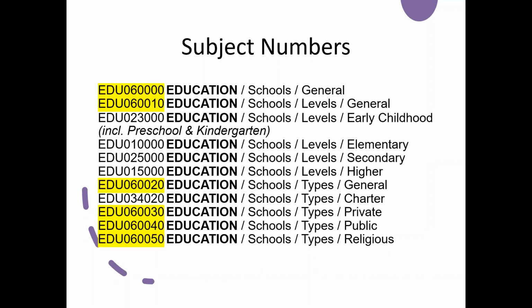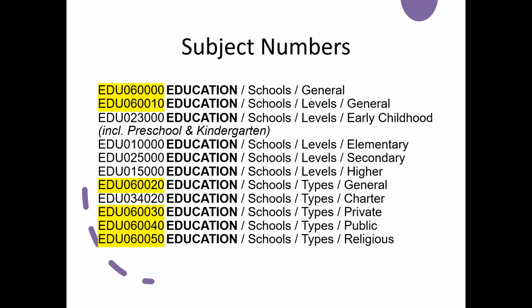Here's an example of the numbering system, the hierarchy. Education probably started out, over 20 years ago, with having hierarchical numbers. We see 060, 000, 010, 020.